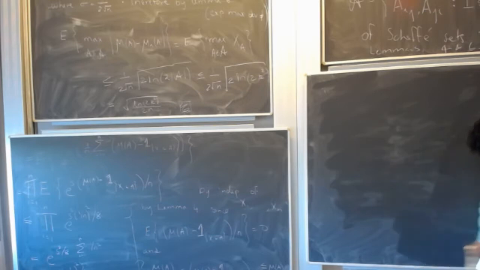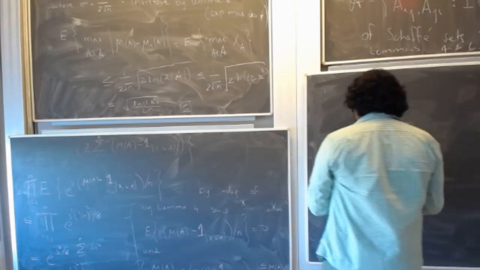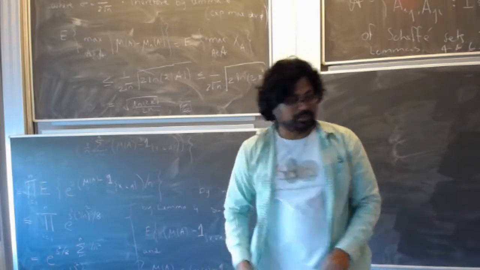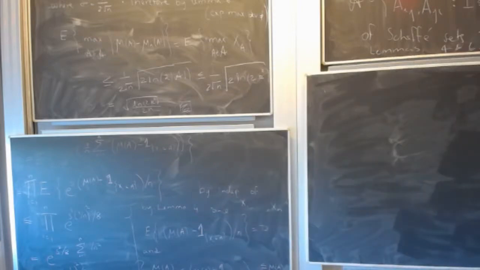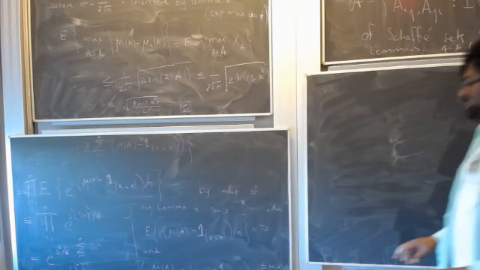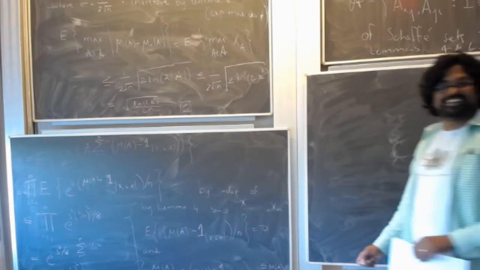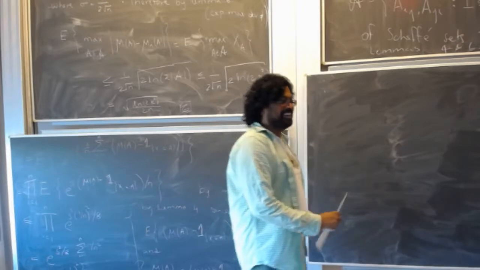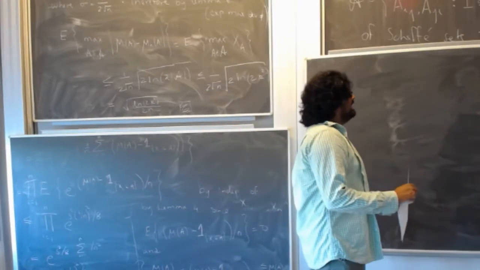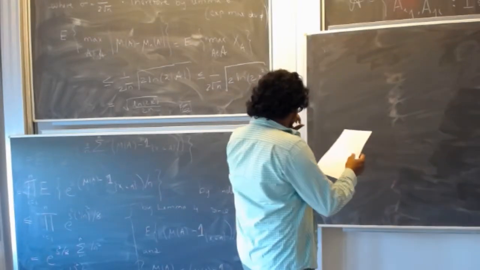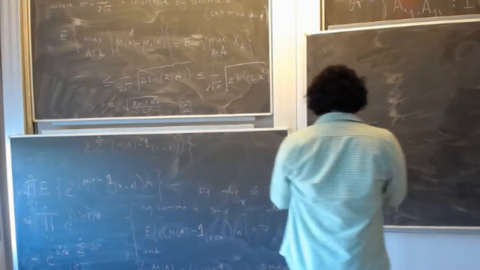I'll figure it out, take it up at the break. But this is exactly the type of thing you shouldn't try to figure out at the blackboard. Anyway, so that's that.